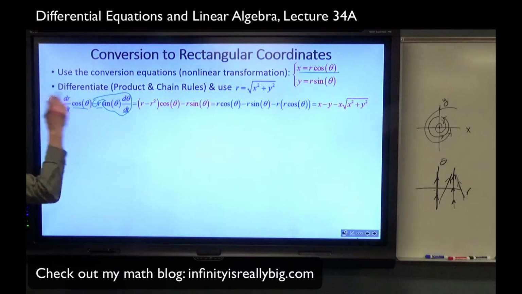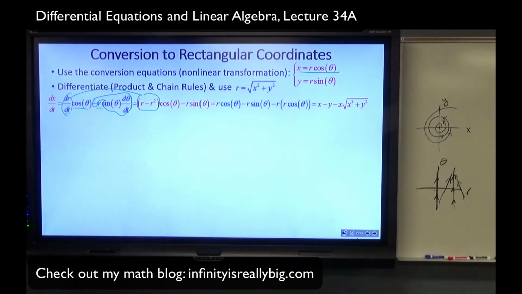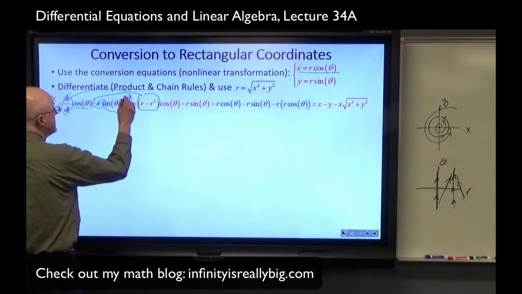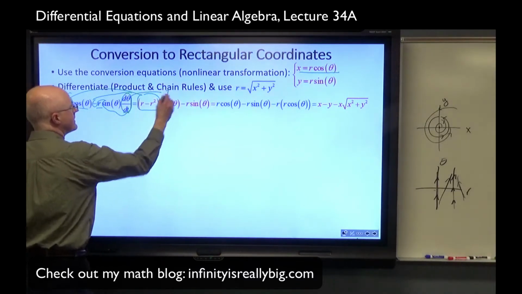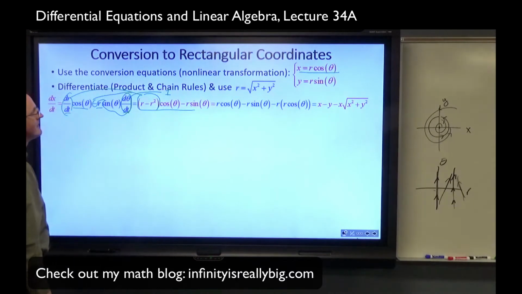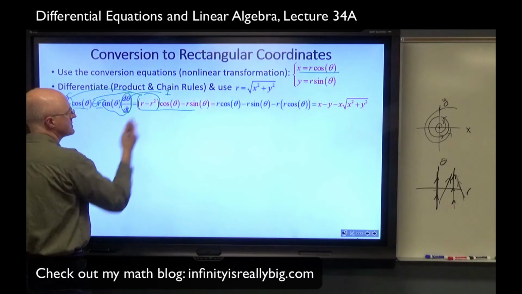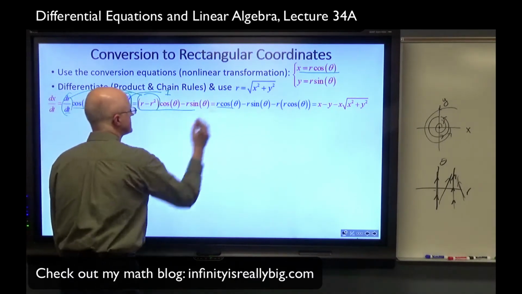Now we want to convert this completely to be in terms of x and y, which you can see we've got at the end. How do you get there? dr dt from the previous slide is r minus r squared. d theta dt is 1. So this simplifies to this. Expand this out, multiply the cosine through, you get r cos theta minus r squared cos theta. The r cos theta is right there.